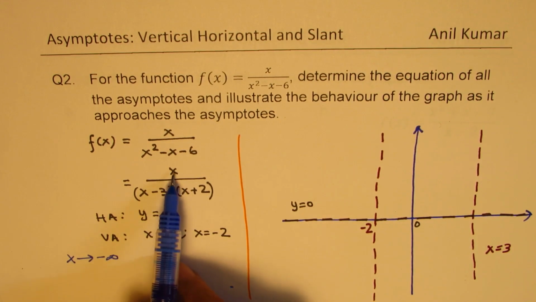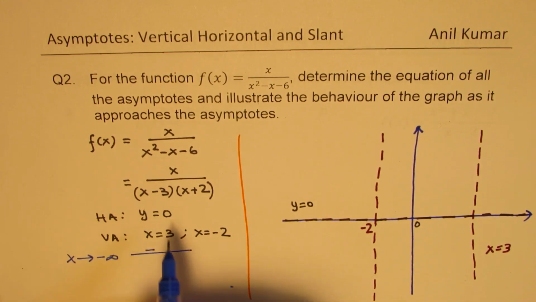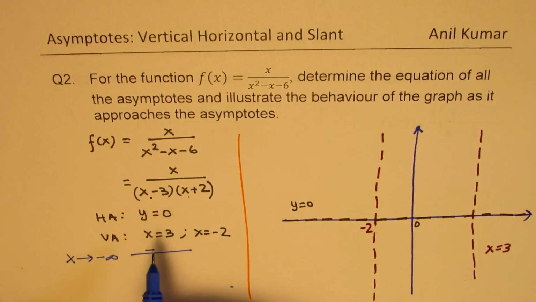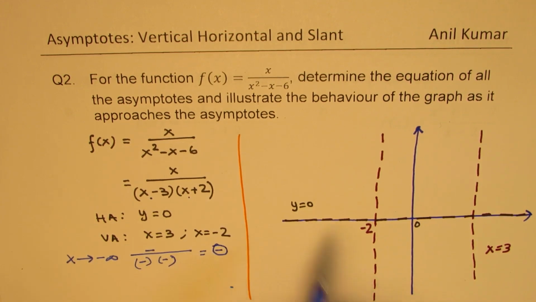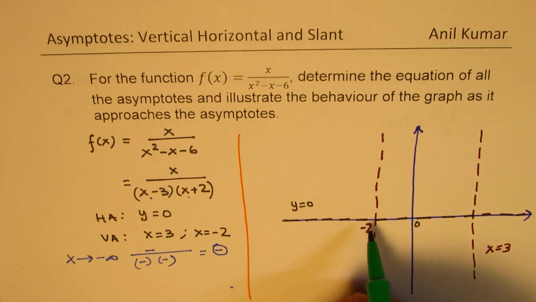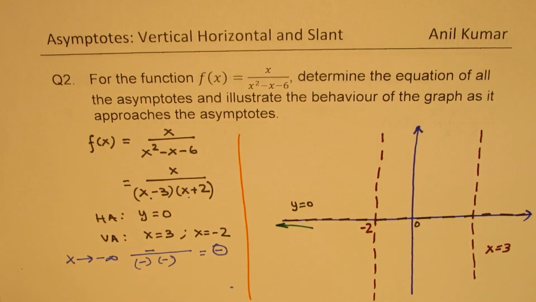We have a negative in the numerator, and in the denominator, this is negative, this is also negative. We have negative times negative, correct? So what we get here is negative. So we are approaching from the negative side, so that is kind of like this. So that is how we get the behavior. Do you see that part?